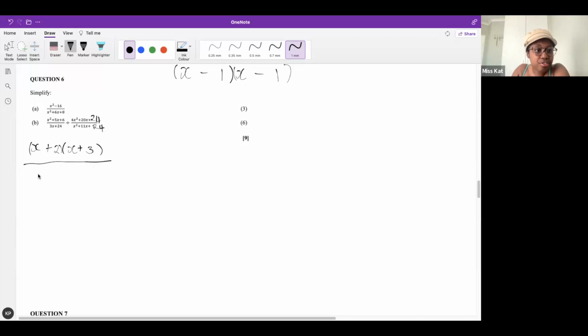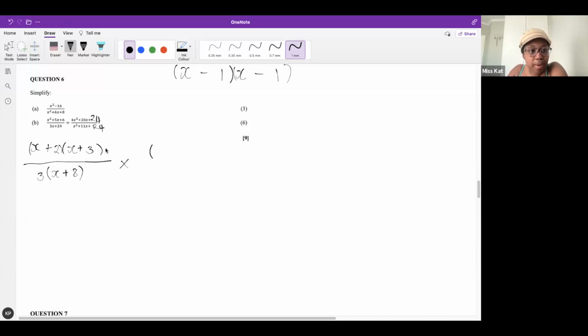Divided by 3 is my common factor at the bottom. If I'm going fast now, it's because I'm looking at the time. So you can stop me if I confuse you. And then x plus 8, okay, times, tip and times. That means the ones at the bottom will go to the top and the one at the top will go to the bottom. Okay? Yes. Keep, change, flip. There we go.